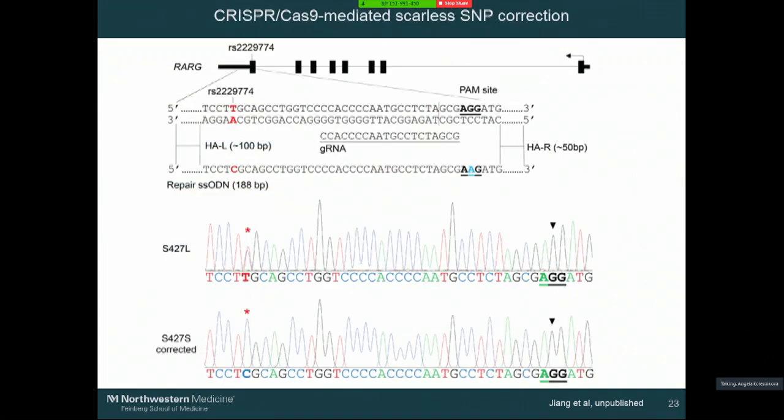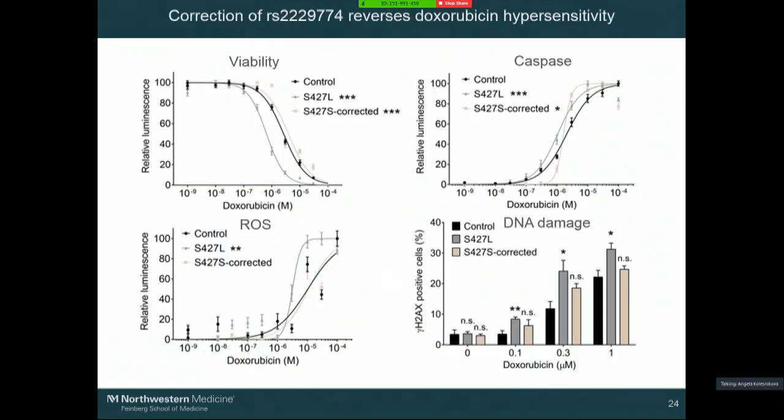And then finally, the gold standard answer to this is, can we take a patient who had toxicity, perform a single SNP correction, and essentially remove their sensitivity to the drug? So again, lots of CRISPR, and this is exactly what happens. So here is the control patient in the black.